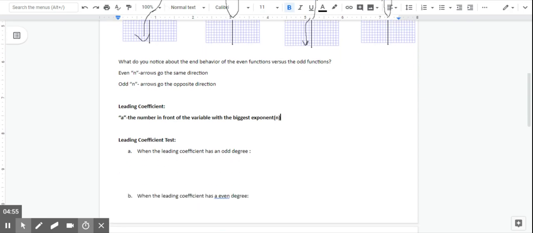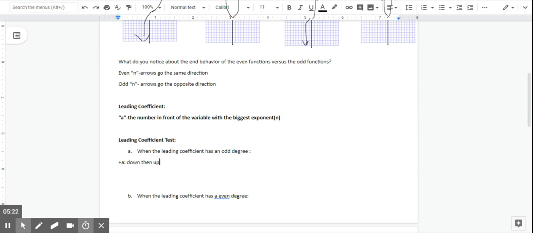So the leading coefficient is going to tell us about our end behavior. Which way are our arrows pointing? So when the degree is odd, so this means that n is odd, the biggest exponent is odd, that means that if we have a positive a, our function goes down, then up.